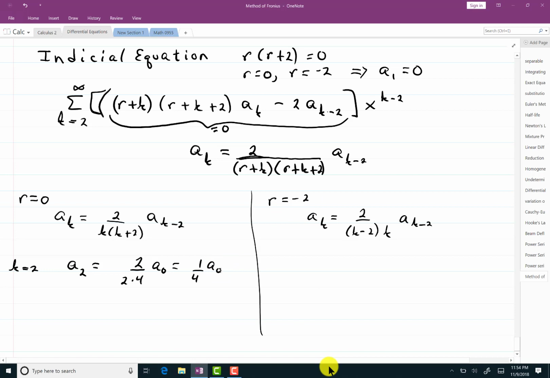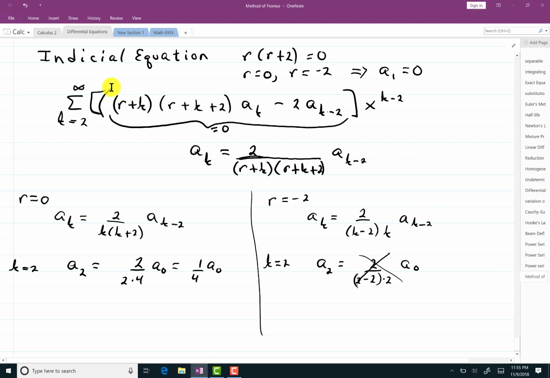On this side, I'll do k equals 2 as well. I get a sub 2 will equal 2 over 2 minus 2 times 2 a sub 0, and we see there's a problem right there. Having a 0 in the denominator is not going to work. And I can see the problem up here.